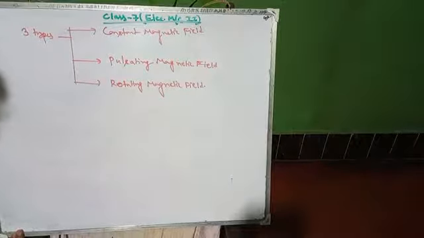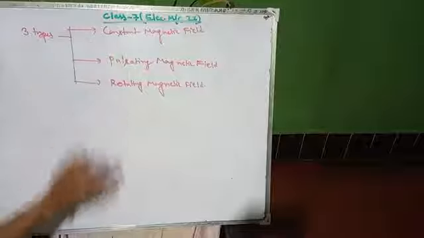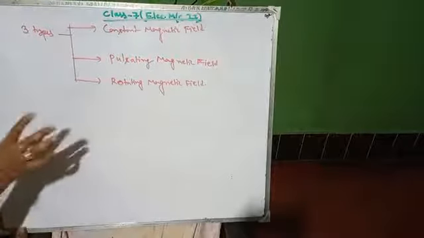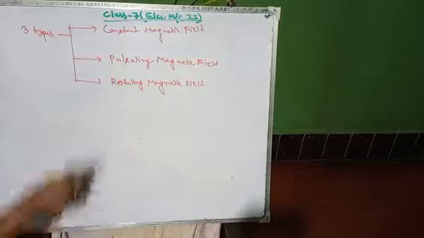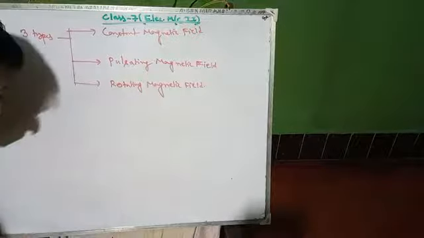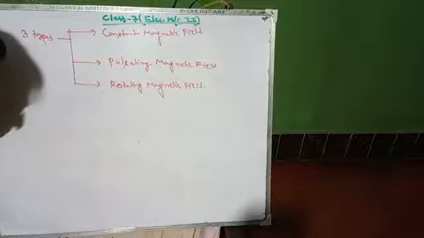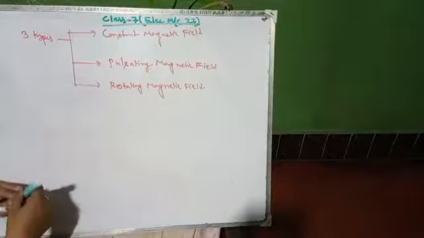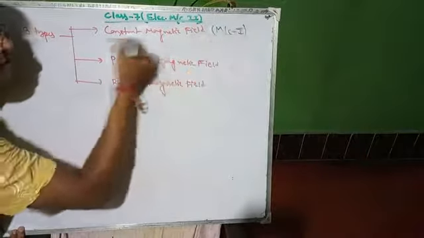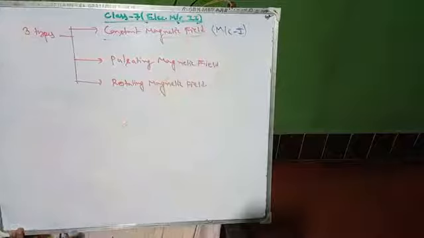Before we start these three fields, we would like to conclude one thing: these three concepts are common in your next modules respectively. The constant magnetic field is in your machine 1, where it has already been taught.